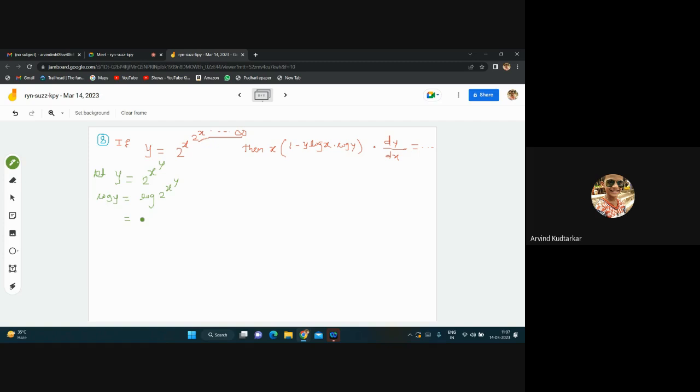Okay, and once again using the logarithmic product law. So log of ab आप कैसे लिखते हैं, log a plus log b. log a मतलब क्या, log of x raised to y plus log of 2.